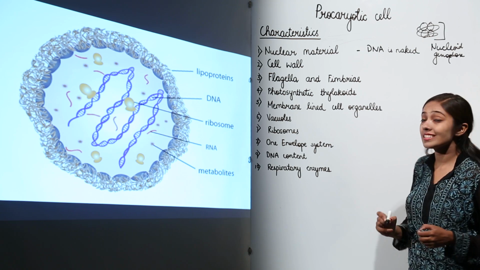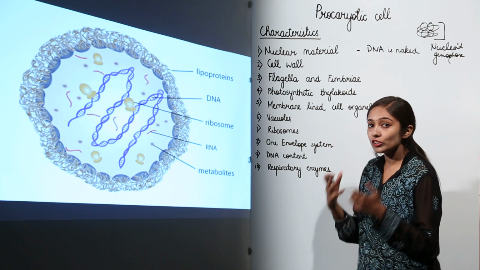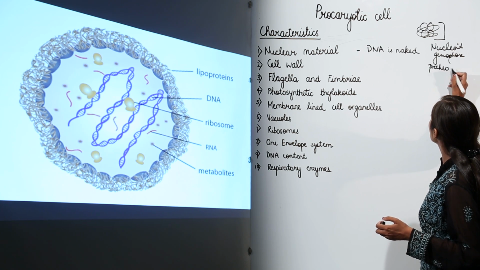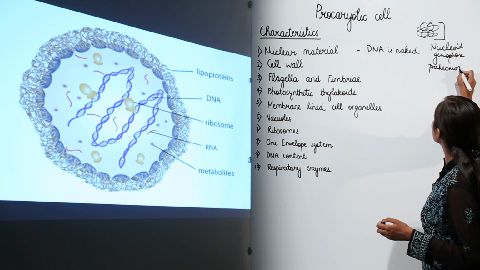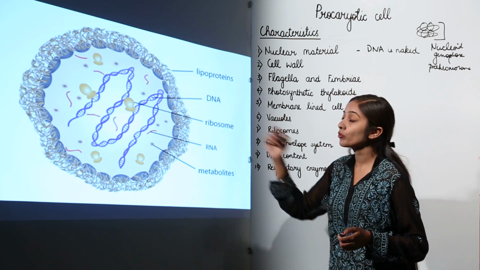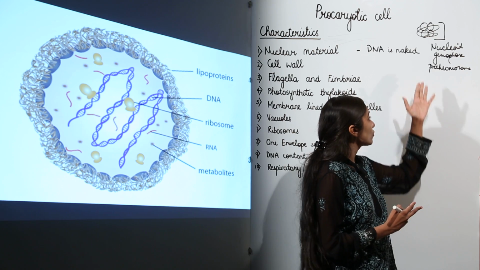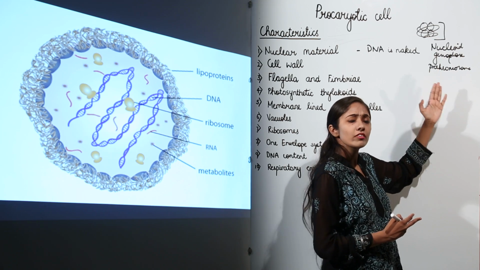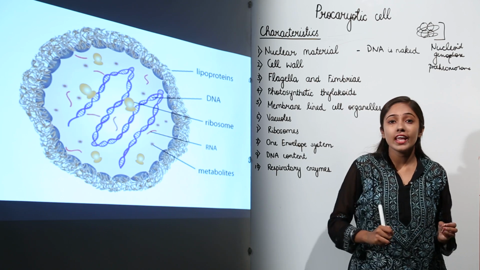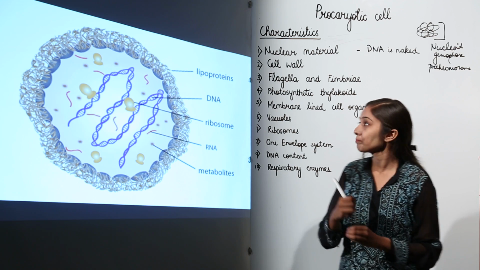And since it is equivalent to a single naked chromosome, we can also call it prochromosome. So these are the names for the naked DNA in a prokaryotic cell. Why do we call it prochromosome? Because the DNA which is naked is just equivalent to a single naked chromosome.